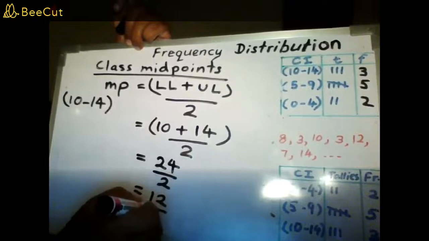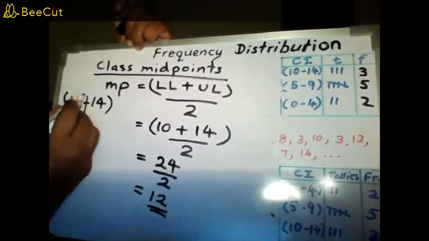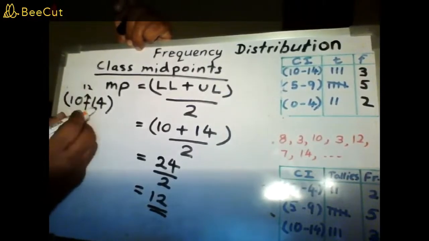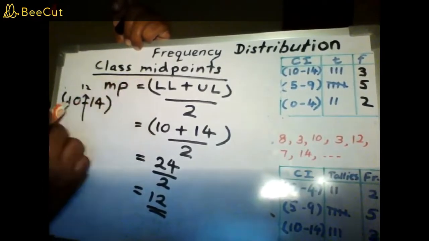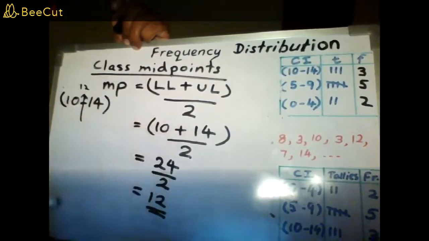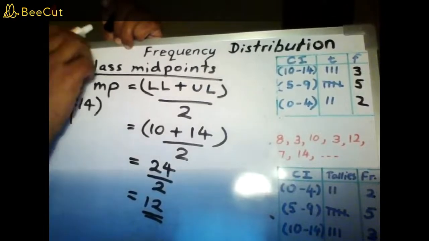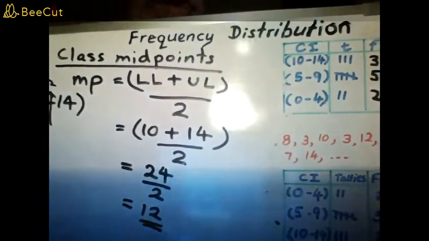That's the answer. Right here, 12. It's here, the midpoint, 12. 10, 12, 14. The formula is you have to add these two limits together and divide that by 2. That's the midpoint.